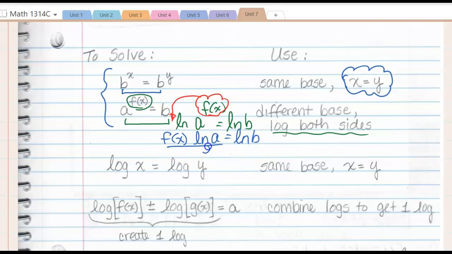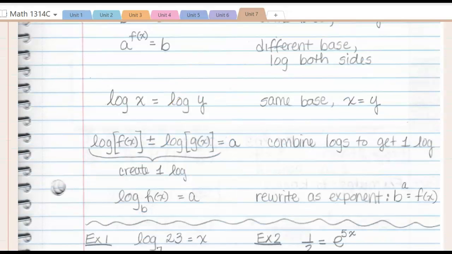Then I would divide both sides by the natural log of a. In doing so, we find that f of x would equal the natural log of b over the natural log of a. Then all I have to do is solve for x.